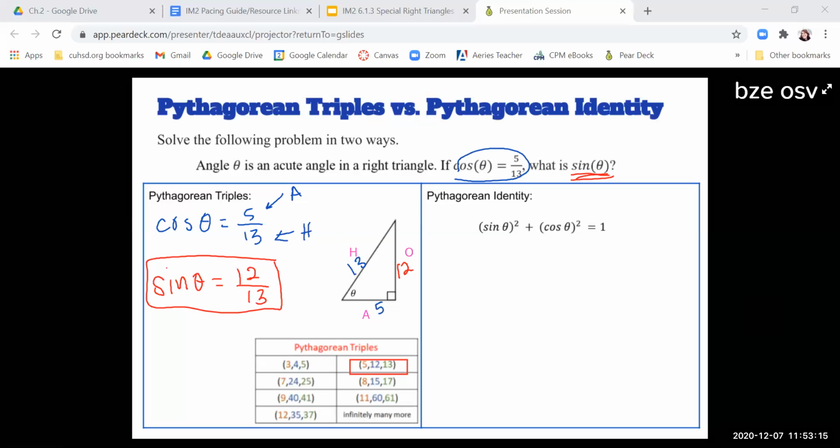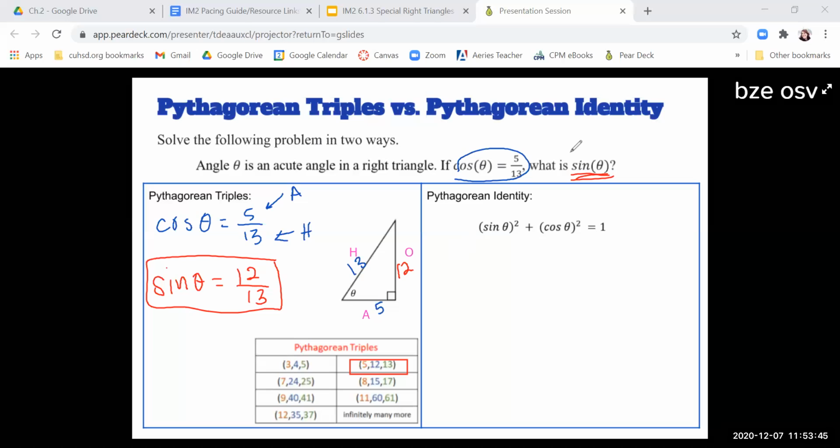Okay, now I'm going to go ahead and show you how we get 12 over 13 using the Pythagorean identity as well. So what we're going to do is plug in what we know about the cosine being 5 over 13, and then we're going to solve for the sine. Okay, so I am going to get my writing tool here.